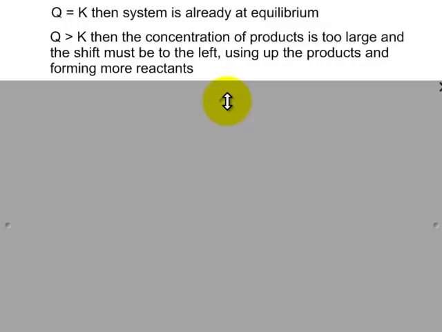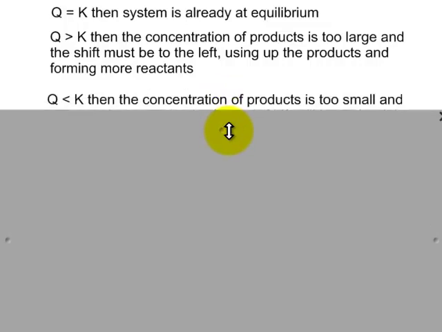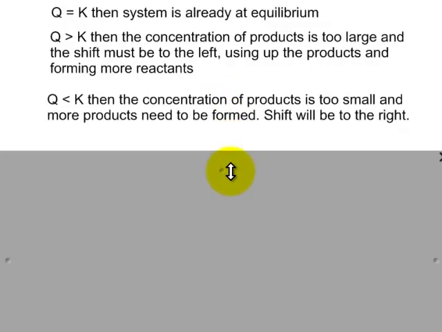Some of the products must get used up and some more reactants will be formed until the equation reaches equilibrium again. And lastly, if Q is less than K, then the concentration of products is too small and more products need to be formed. The shift will be to the right. Some of the reactants will get used up and make some more product.